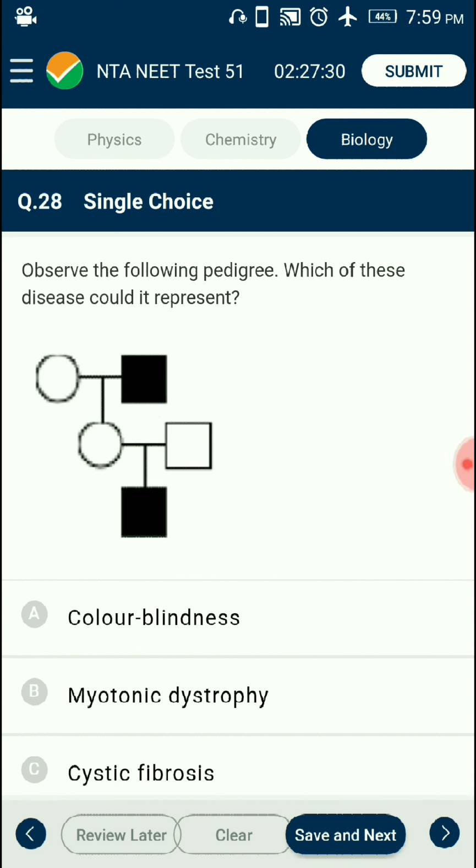At least one parent should have the dominant allele, meaning at least one parent should have the disease. This pedigree represents a recessive condition. Cystic fibrosis is autosomal recessive and color blindness is an X-linked recessive disease. Since it is skipping a generation, going from father to grandson via the carrier daughter, it is most likely to be an X-linked recessive disorder, color blindness. So the answer for this question is option A, color blindness.